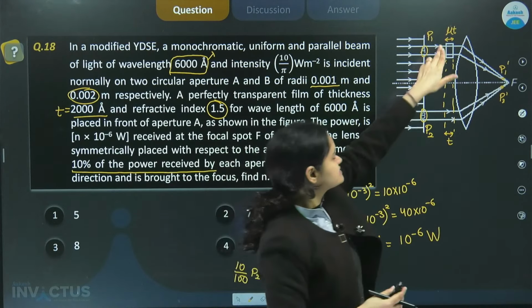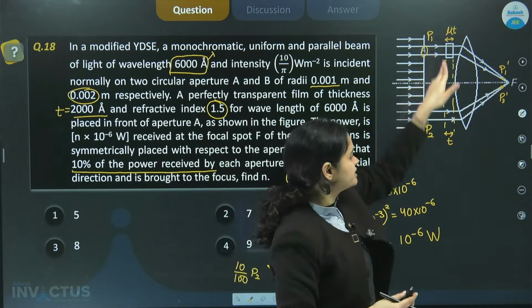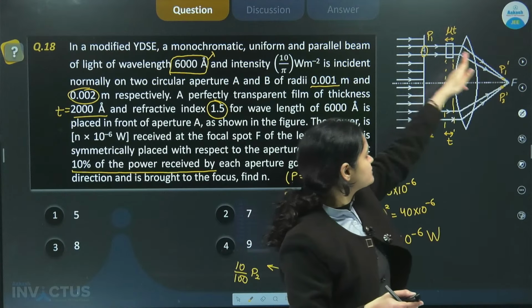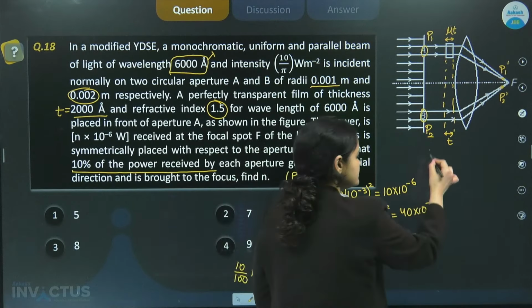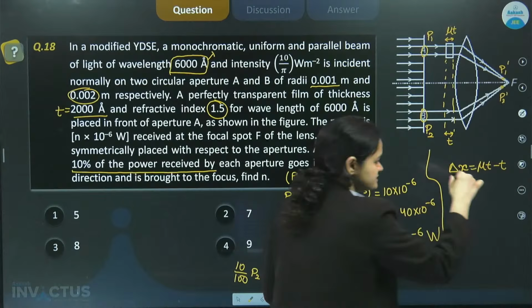So the path difference is mu t minus t. Okay, क्योंकि ये extra length travel कर रहा है because of optical density. Rest everything from the source to point F, अगर हम इसको ignore करें, all the waves are traveling equal distances. Okay, so this actually gives you the path difference as mu t minus t. This is the path difference.